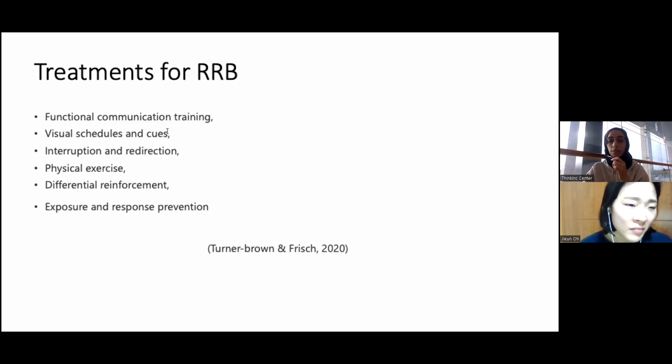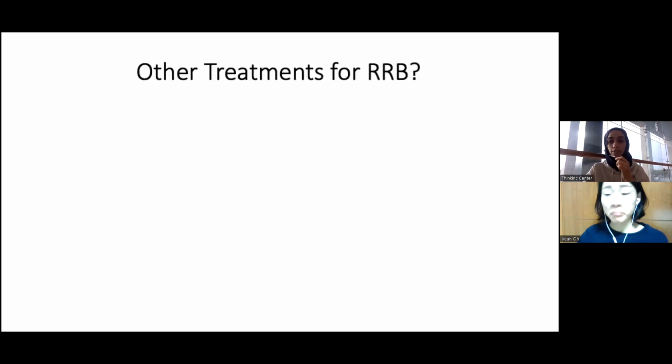One of them is functional communication training, the use of visual schedules and cues, response interruption and redirection, physical exercise, differential reinforcement procedures like DROs and DRIs, and exposure and response prevention. I was curious to see what other treatments are out there for restricted and repetitive behaviors.